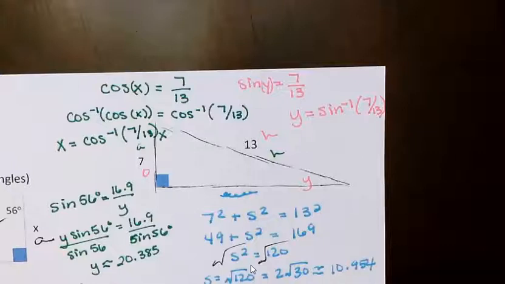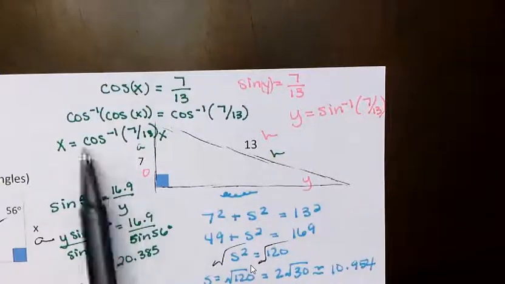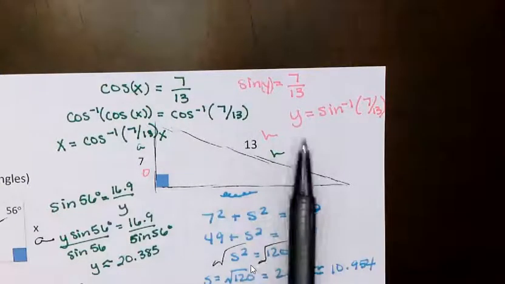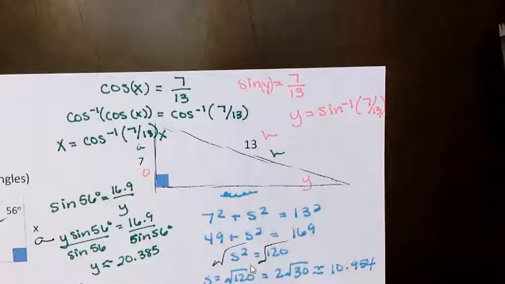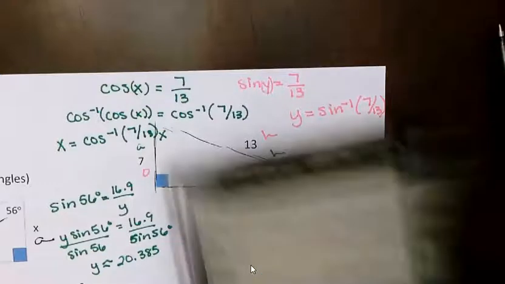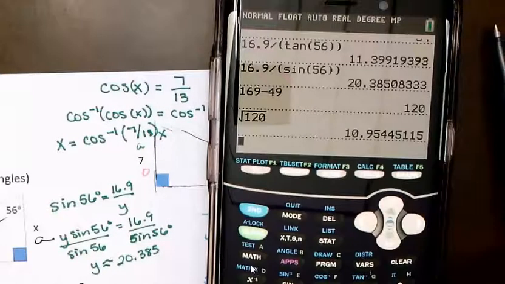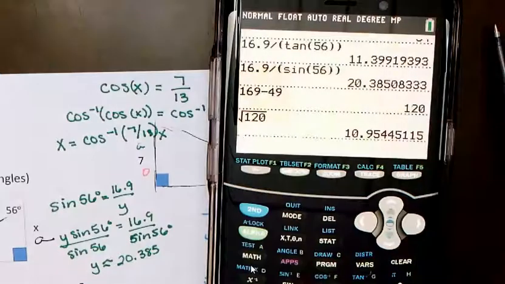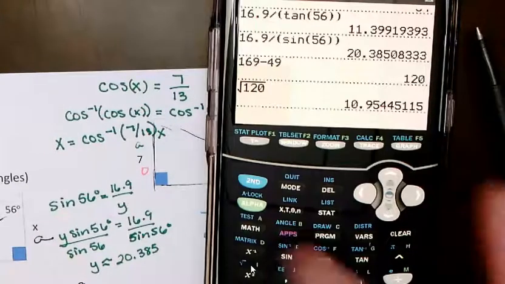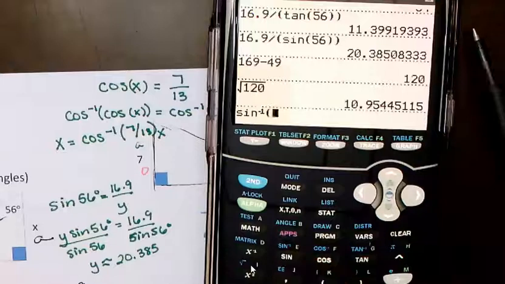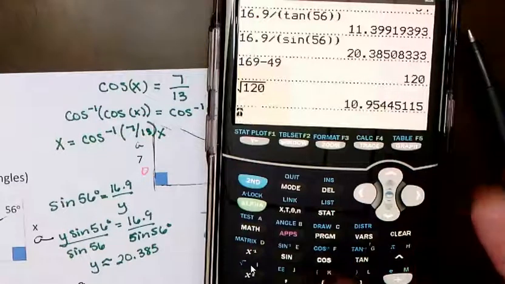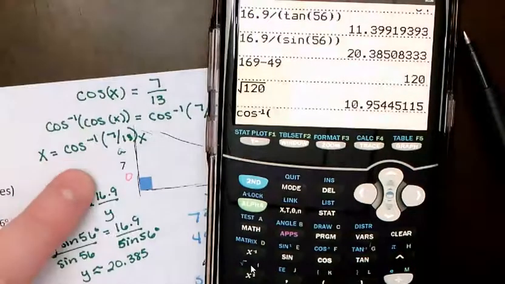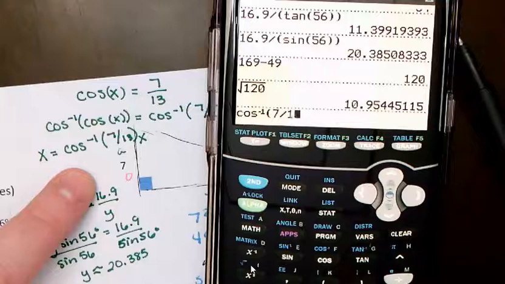Now, based on values, x's angle should be bigger than y's angle. So on the calculator, I'm going to start with cosine. So I go second. Second allows me to get up to the numbers or letters up above. Second, cosine, because I'm doing the x first. 7 divided by 13.